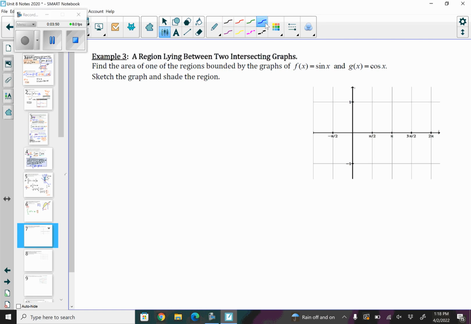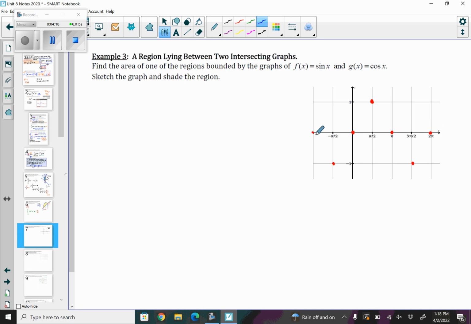Same type of problem, finding the area between two curves. It says find the area of one of the regions bounded by the graphs of sine of x and cosine of x. Sketch the graph and shade the region. So notice they give us an axis that's labeled pi over 2, pi over 4, 3 pi over 2, 2 pi. I know that sine goes through the origin, it goes up, down to the midline, and back.